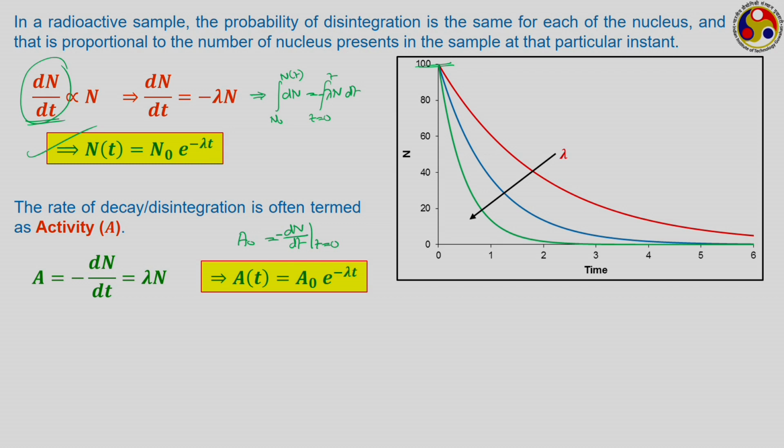This activity is the one that we are most interested in, because for most of the known radionuclei we generally know what kind of radioactive reaction it undergoes, and therefore we know what kind of emission we can expect from a nucleus, whether it will be gamma radiation or alpha radiation or beta radiation.